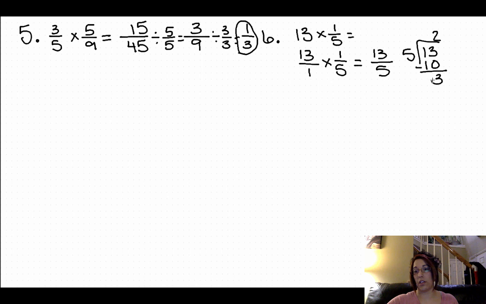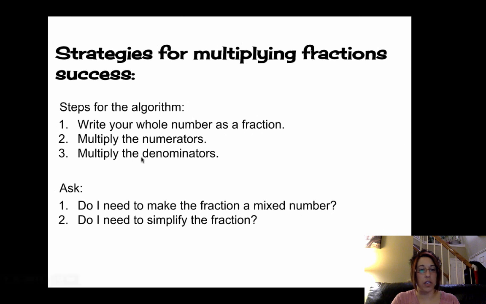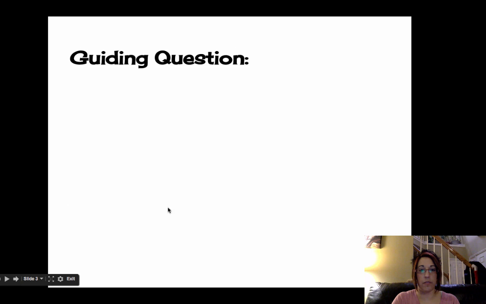So 13/5 equals 2, numerator of 3, denominator of 5. That's 2 and 3/5.